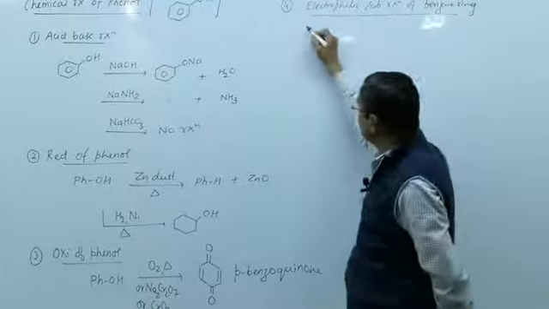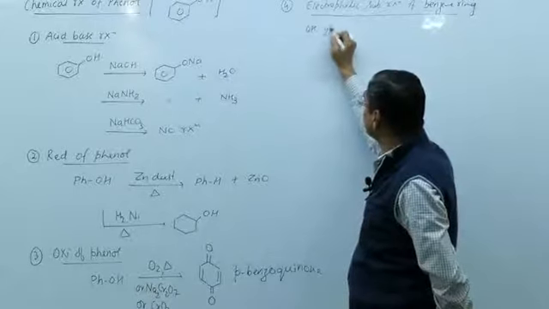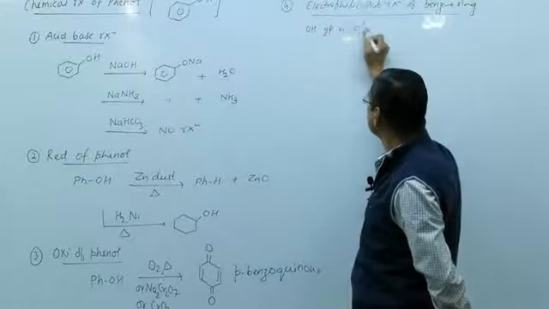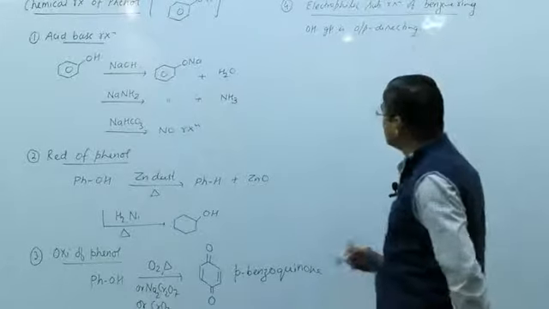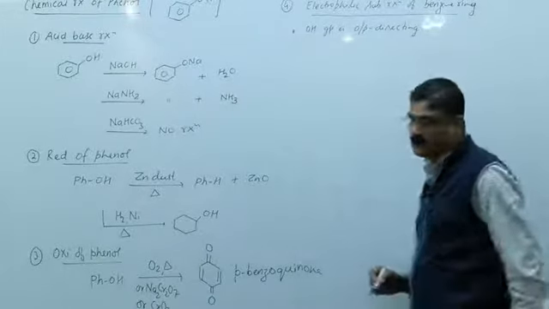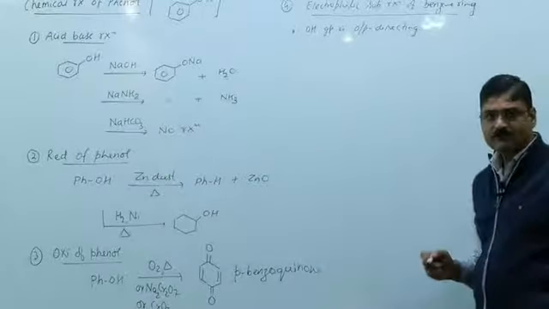So the OH group of phenol is ortho-para-directing. So generally substitution takes place at the ortho and para positions of phenol.